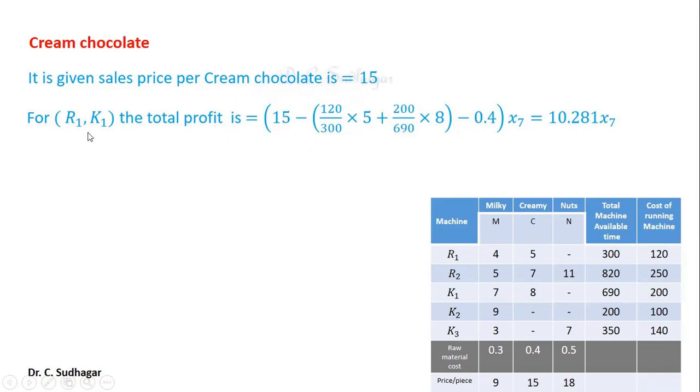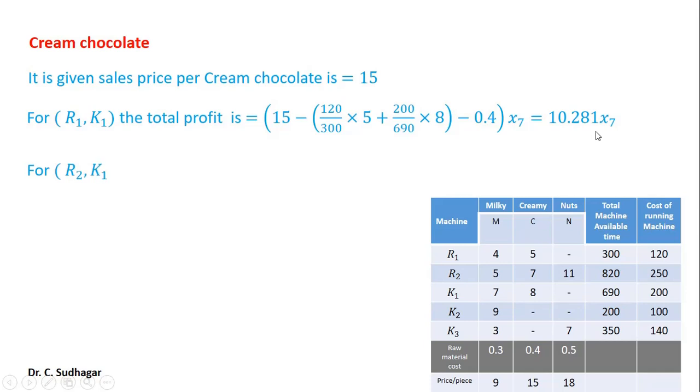With respect to R1K1, R1 is 120 by 300 into 5. So 5 hours is required to make this creamy chocolate in the mold R1. So this has now changed: 120 divided by 300 into 5, plus 200 divided by 690 into 8, minus 0.4. The total manufacturing, 15 minus this, is going to be 10.281 x7.